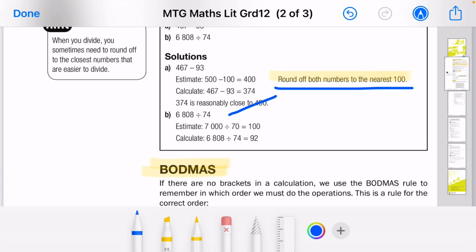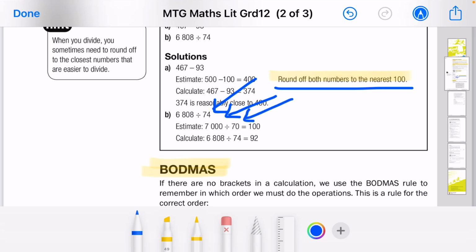So they've rounded off that 6,808 to what, ladies and gentlemen? To 7,000. And again they have rounded off that 74 to 70.